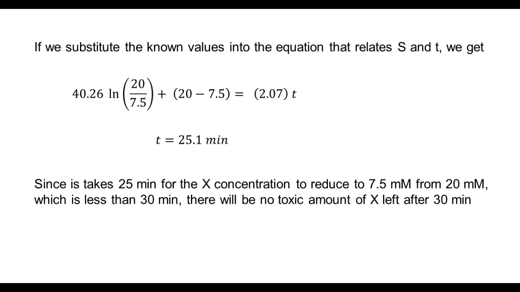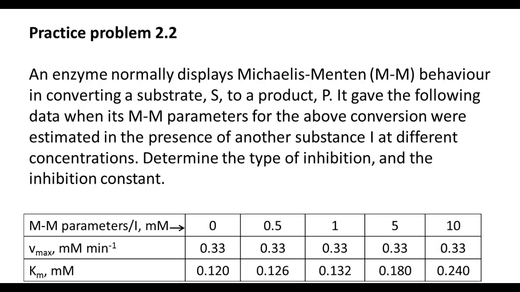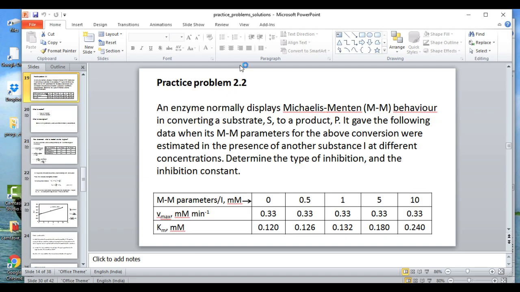It takes about 25 minutes for X concentration to reduce to 7.5 millimolar, starting from 20 millimolar. Okay, and 25 minutes is less than 30 minutes, and therefore at 30 minutes there will be no toxic amount of X left. So we have solved this particular problem.